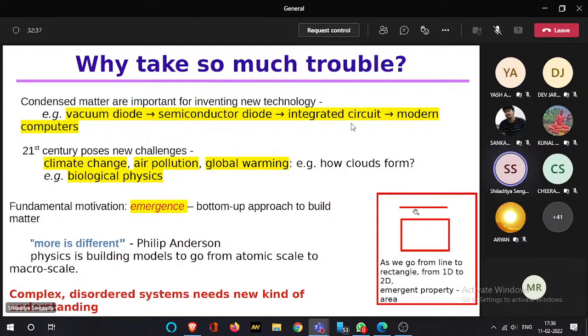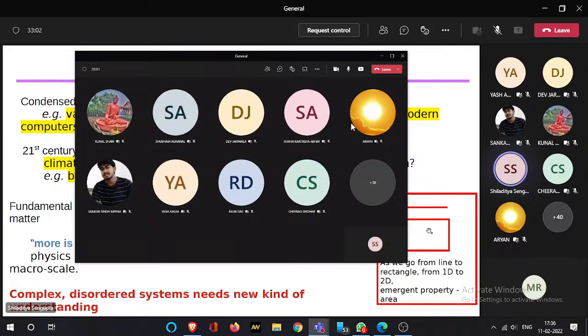And similarly, with the line, you can make objects made of this line, which becomes a rectangle, and this rectangle has a new property which is the area. So am I able to explain this example?